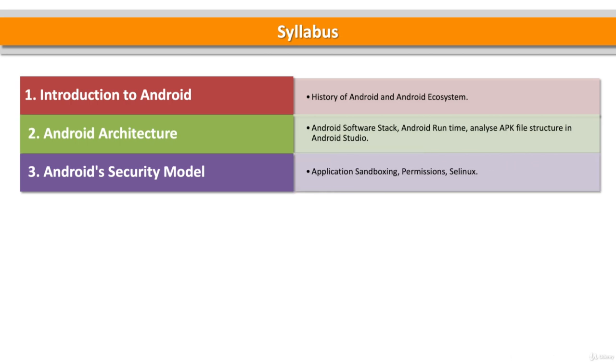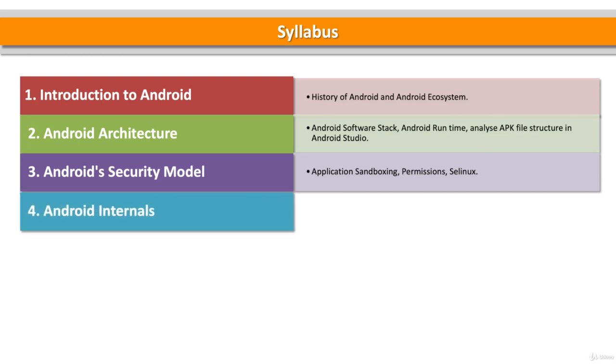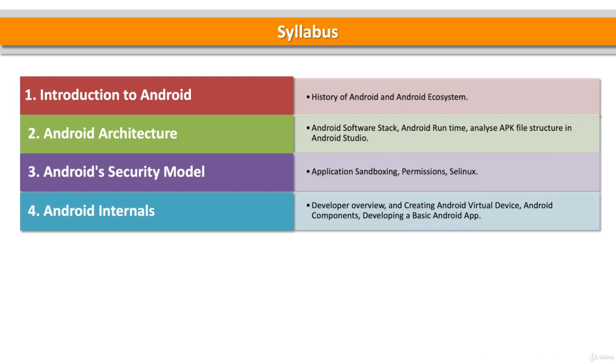So in this section, you're going to get to know the application sandboxing, permissions, and SE Linux. And in the Android internals section, you'll see the developer overview for Android apps, types of mobile apps, and you'll also learn how to create Android virtual devices, Android components, and you'll develop a basic Android app yourself.